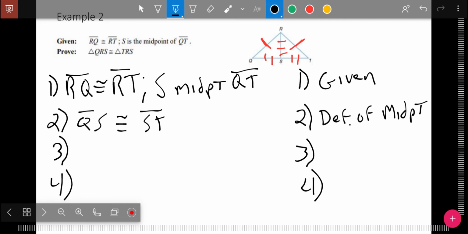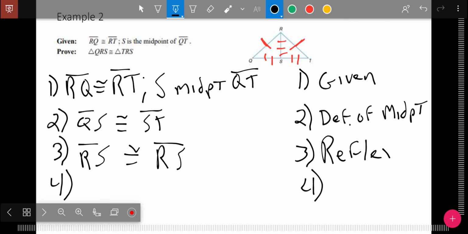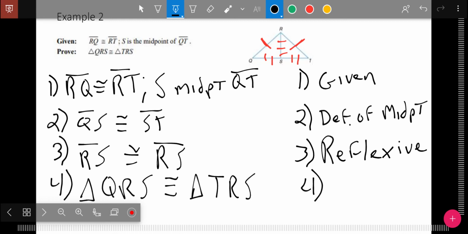Segment RS is congruent to segment RS, and that's called the reflexive property. Now I have all three sides. So now I can say triangle QRS is congruent to triangle TRS by side, side, side congruence.